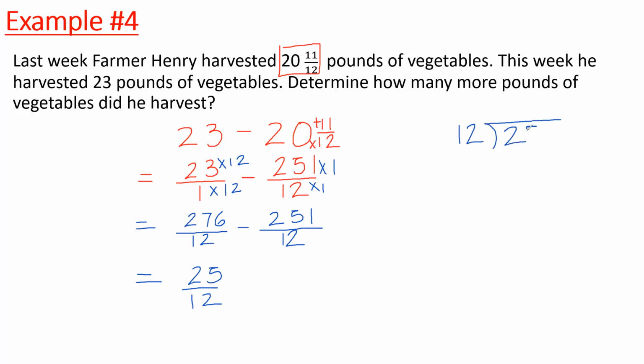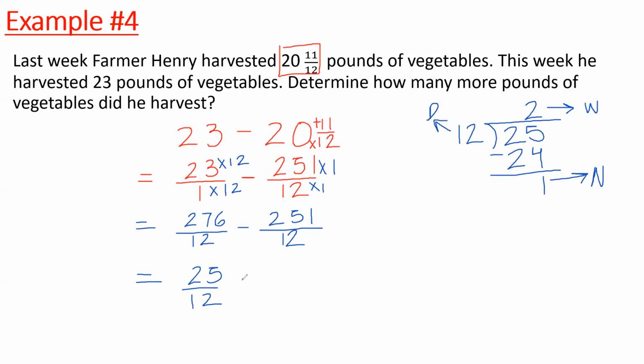How many times can 12 go into 25? Twice, because 12 times 2 is 24, and 5 minus 4 is 1. The whole number is 2, the numerator is 1, and the denominator is 12.